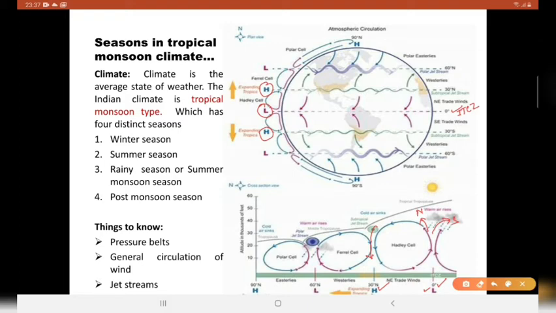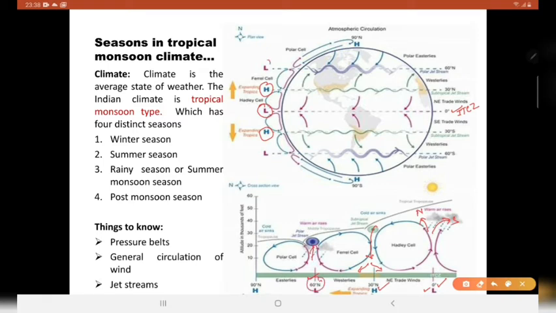Again at ground, the wind bifurcates in north and south directions up to 60-degree latitude and towards the equator, where air again rises up in the troposphere, creating low pressure at the surface.